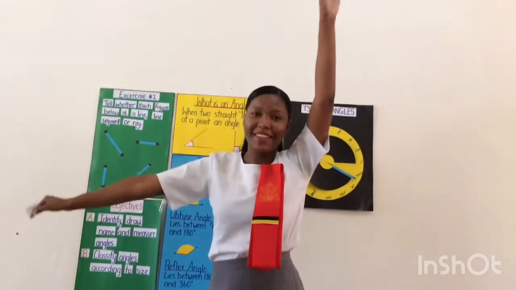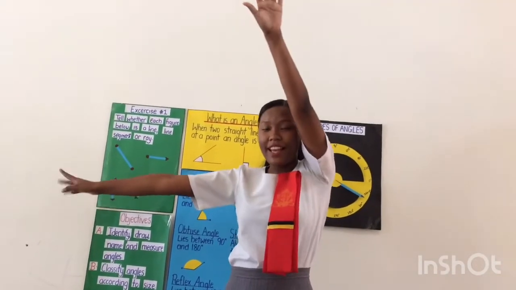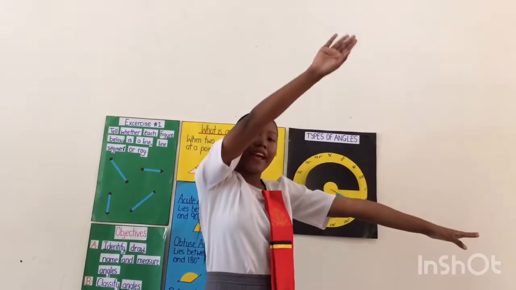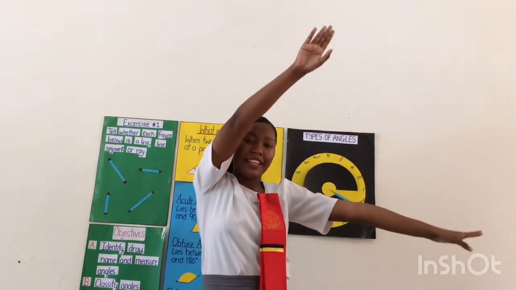Right angle, it is 90 degrees, we say acute angle. Less than 90 degrees, we say obtuse angle. More than 90 degrees, and a straight angle's 180.